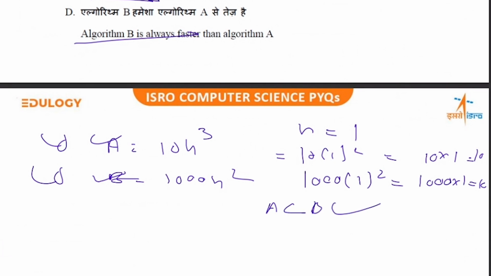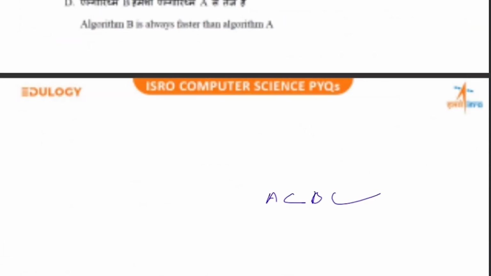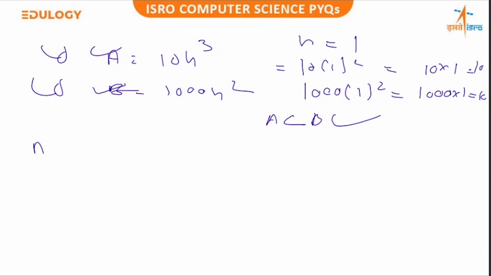True? Yes, sir. This is true. We are taking n equal to 1, so we are getting B is greater than A. Absolutely right. What if we take n equal to 3, sir?